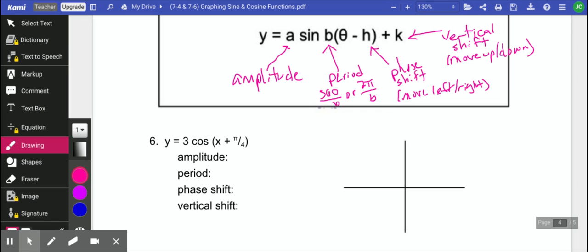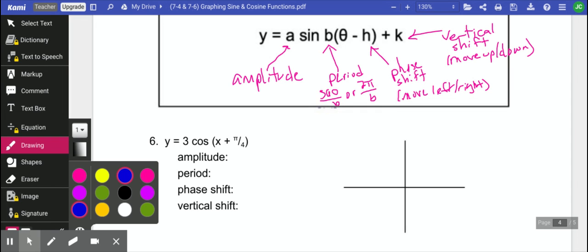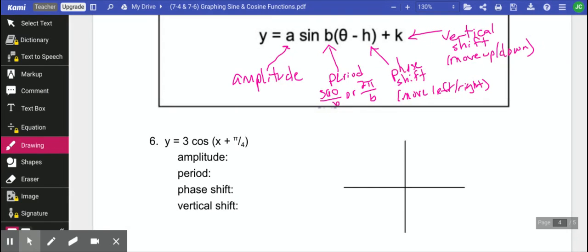Okay, so let's take a look at this next one. We have y equals 3 cosine of x plus pi over 4. So we'll just start filling in our information. Our amplitude is going to be 3. The period, since we have pi over 4, let's do this one in radians. The normal period is 2 pi, and we have to divide that by the number that's out in front of the x, which in this case is just 1.